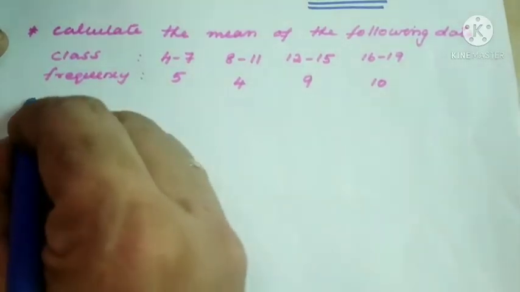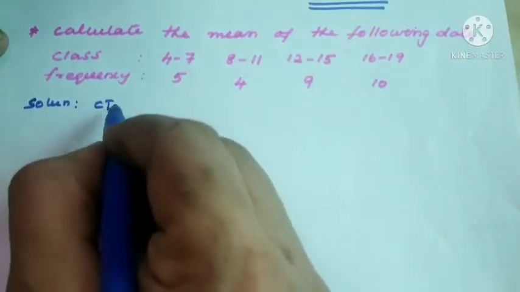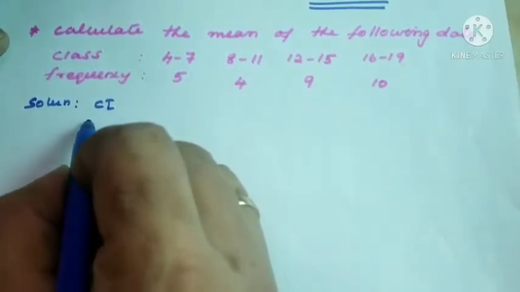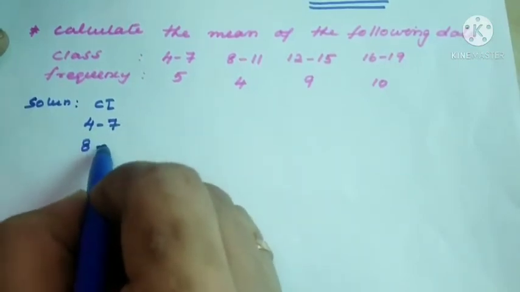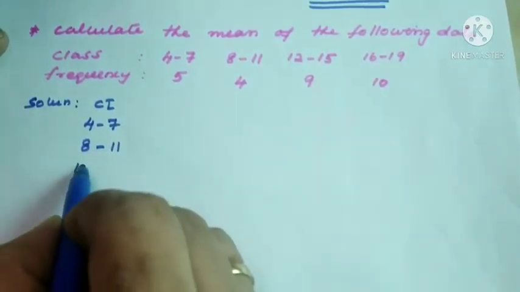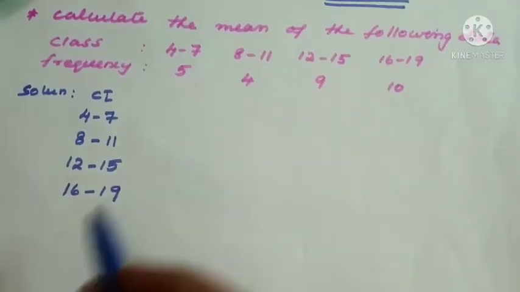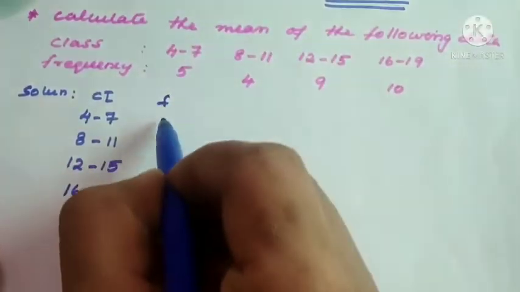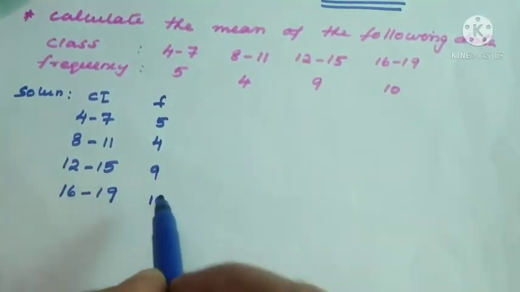So in the solution, class interval I should write first: 4 to 7, 8 to 11, 12 to 15, 16 to 19. Corresponding frequencies are 5, 4, 9, 10.